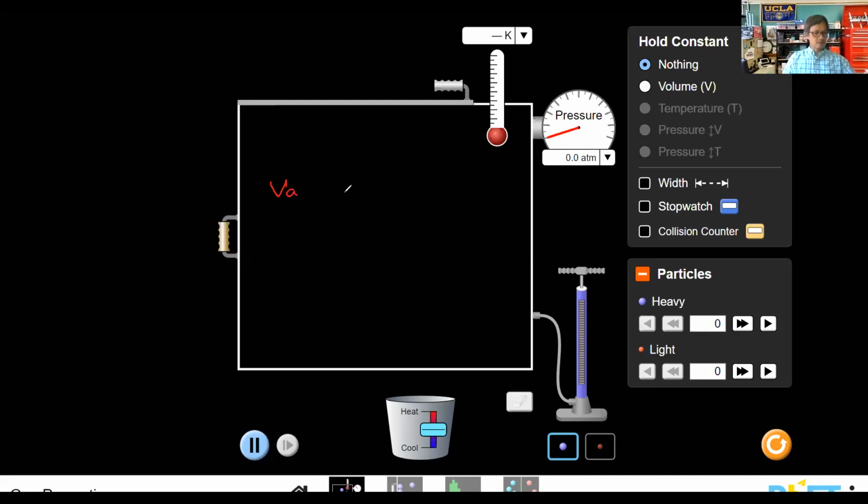A vacuum, and let's make sure we understand this, is defined as empty space. That means there is nothing in this space: no particles, no pressure.